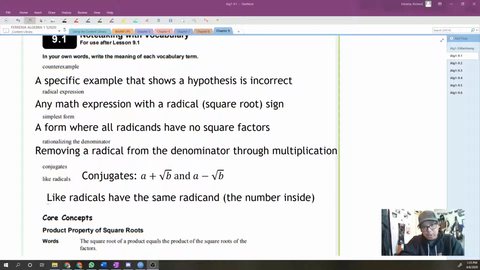So if one radical expression is a plus b root b, the conjugate is a minus root b, and vice versa. The conjugate of a minus root b is a plus root b. And lastly, like radicals are radicals that have the same radicand.